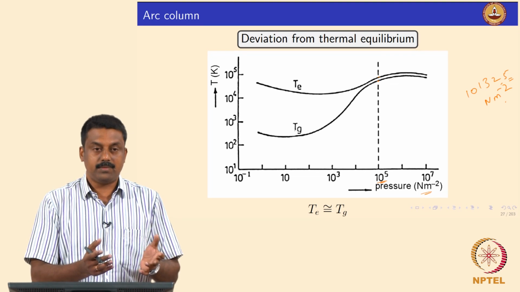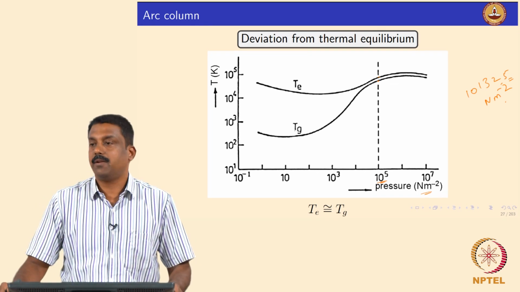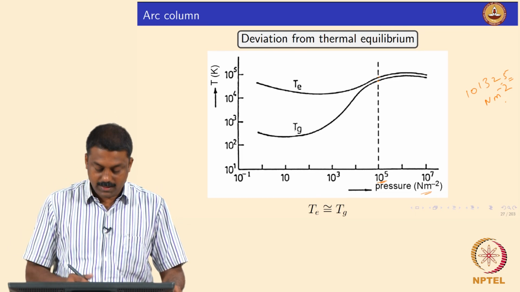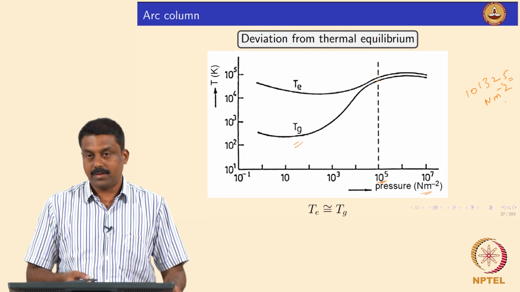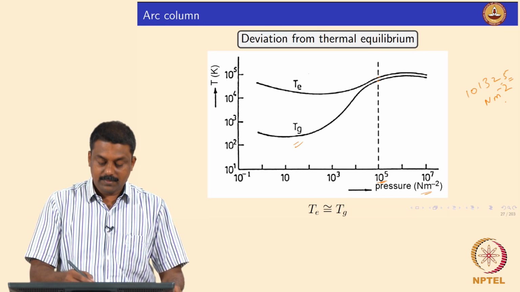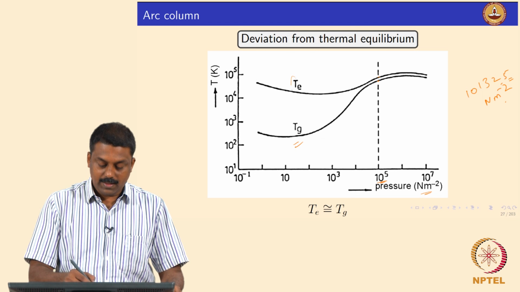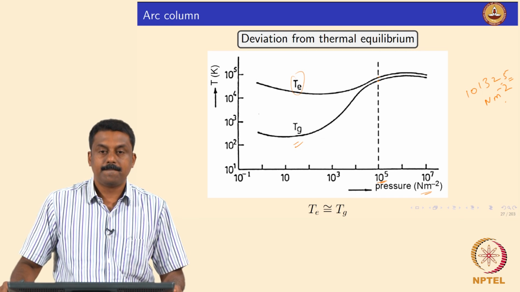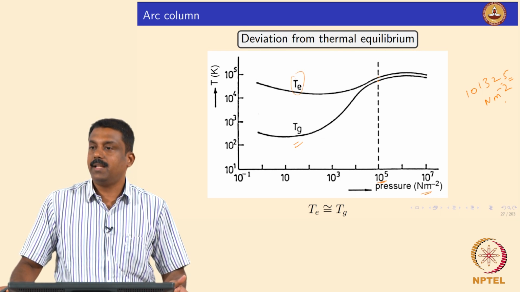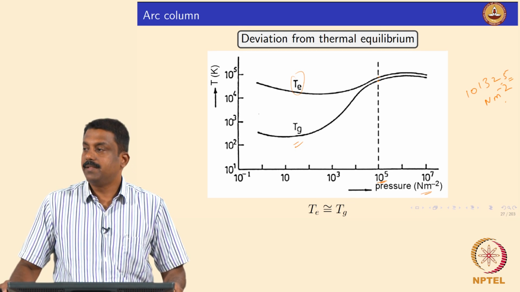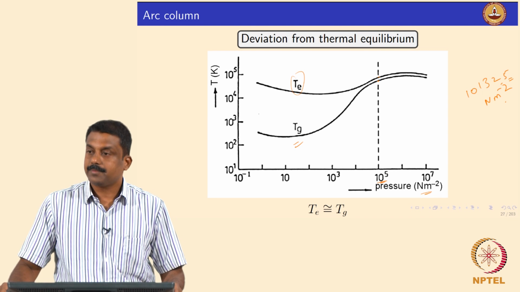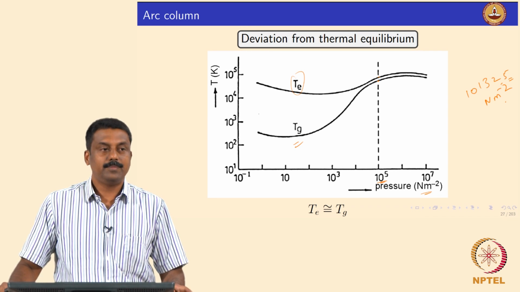For example, lighter mass materials would have higher velocities at low pressures than the heavier mass, and that can lead to the change in drift velocity at lower pressures. And because of that, you will have the electrons gaining more temperature than the gas ions. So the difference will be significant at lower pressures. Yes, is it clear? Any questions?